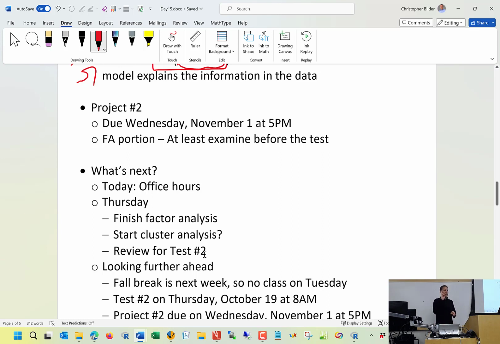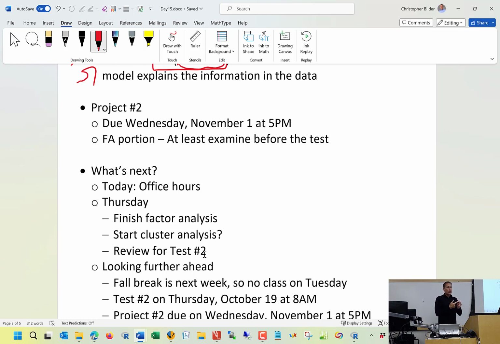This project has 2 components, a factor analysis part and a cluster analysis part. The cluster analysis is the next set of notes after factor analysis. There's not always a good way to assign projects corresponding to the tests. In this particular case, factor analysis is on test number 2, which will be next week.